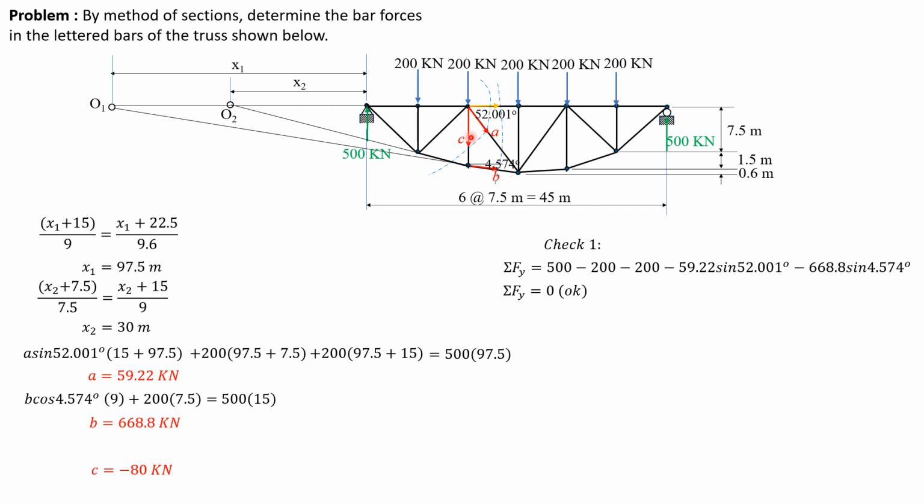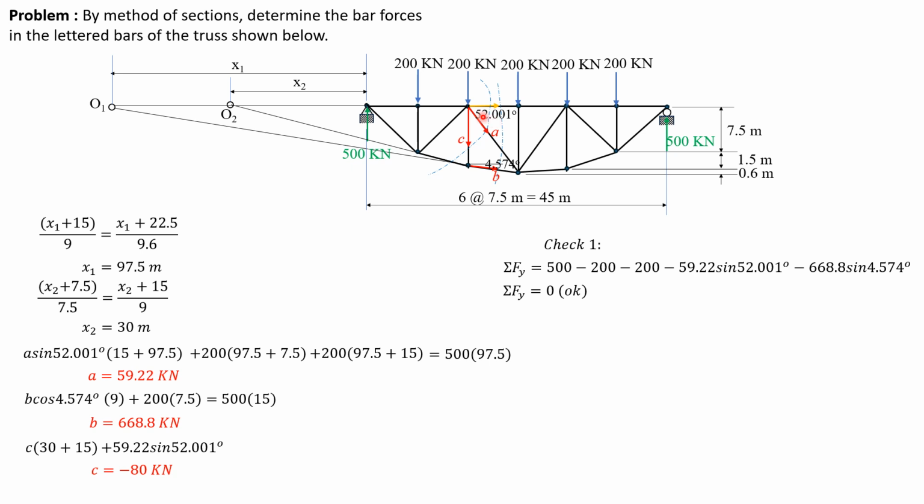For the bar forces, A and C will be involved. Clockwise moment as positive: C times x2, 30 plus 15, plus the vertical component of A, which is 59.22 sine 52.001 degrees.